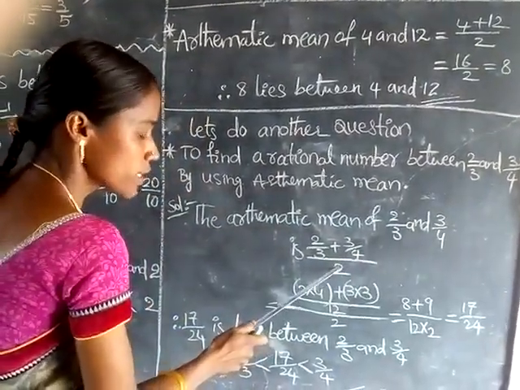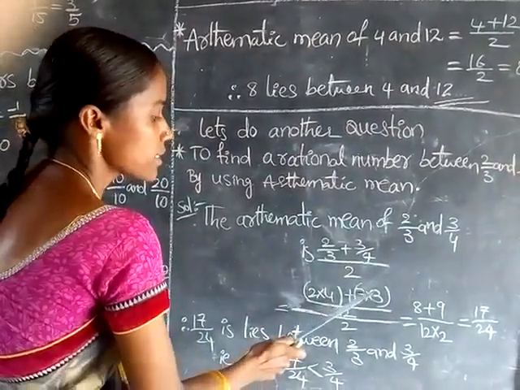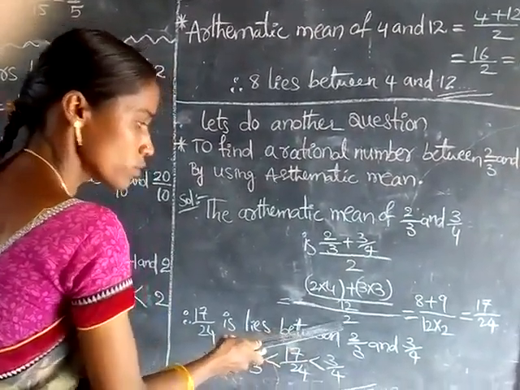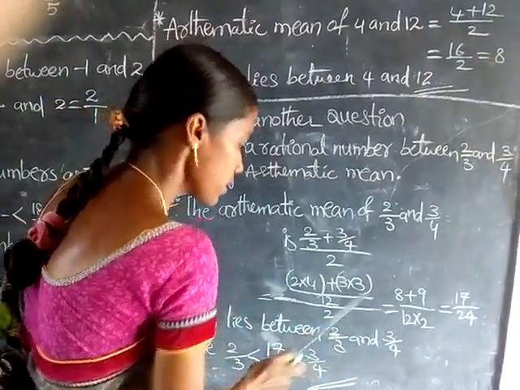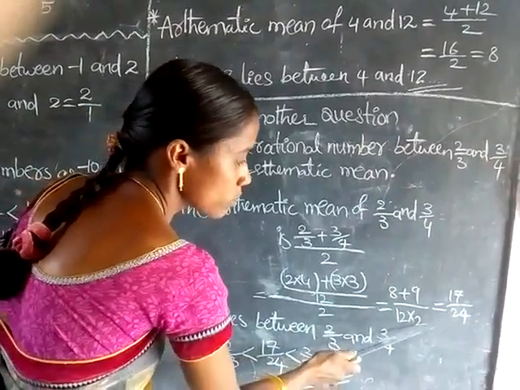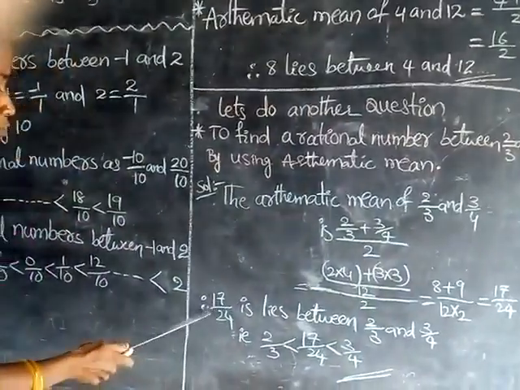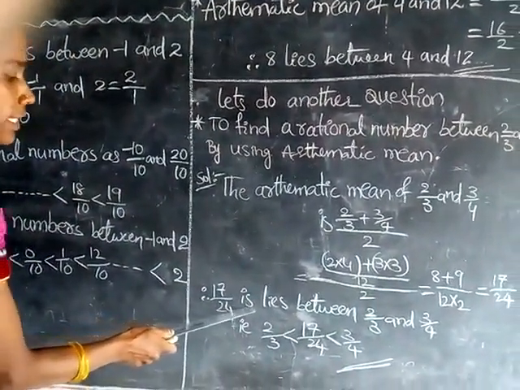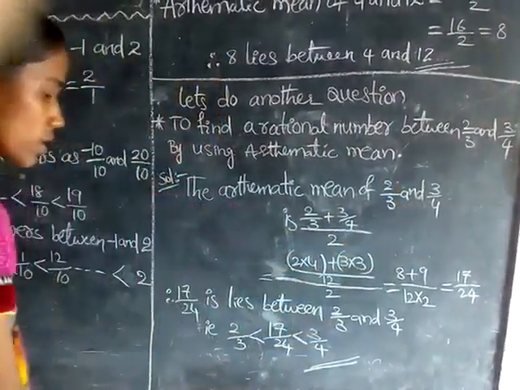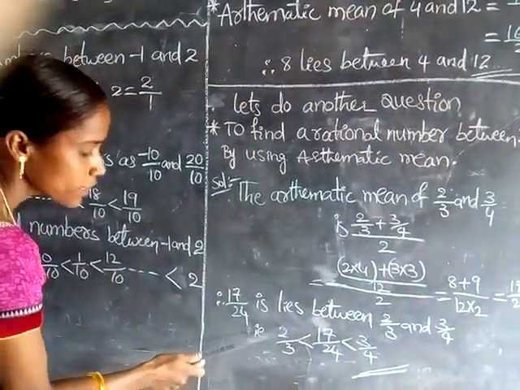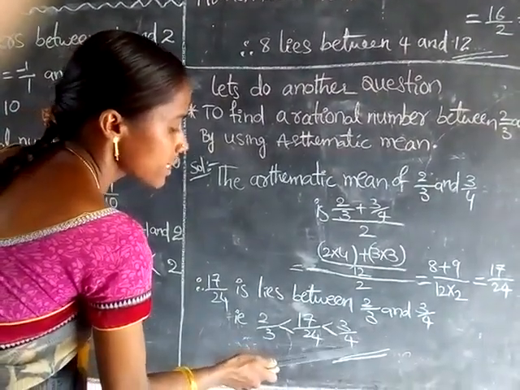When we take the LCM here, we get ((2 into 4 + 3 into 3)/12)/2, which is equal to (8+9)/(12 into 2), which is equal to 17/24. Therefore 17/24 lies between 2/3 and 3/4. That means 2/3 is less than 17/24 is less than 3/4.